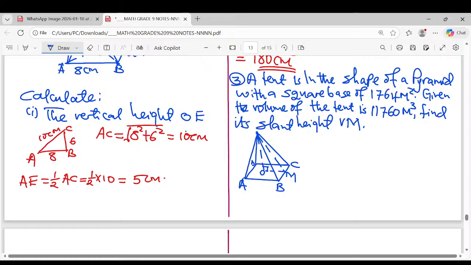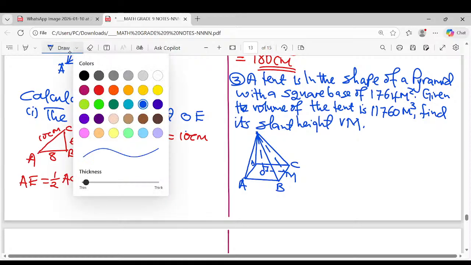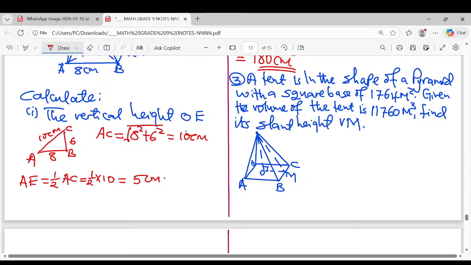1,764. So that means first we can get the side of one square, because the area of the square is 1764, then one side of the square will be given as the square root of 1764.